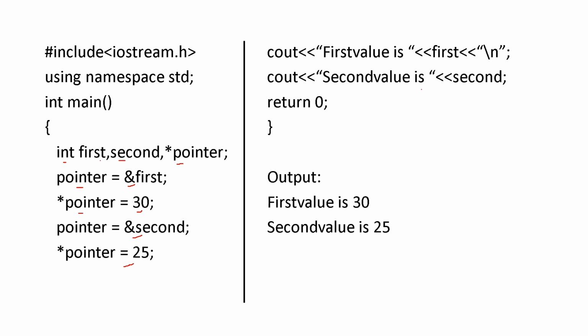The output will be: first value is 30, because 30 is the content of pointer, and pointer is the address of first. So indirectly, first value is 30 and then second value is 25. This is how pointers work. So this is a simple example of a pointer.